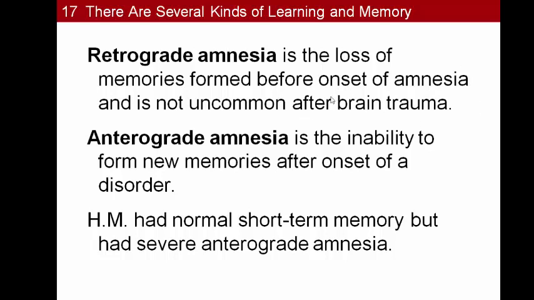Now, this is not uncommon. Let's say, for example, you were in a car accident and you couldn't remember what happened right before the car accident. That's not unusual. Sometimes people might even have a loss of memory for days or weeks before the event. Maybe you have surgery and you lose some of what happened in the days leading up to the surgery.